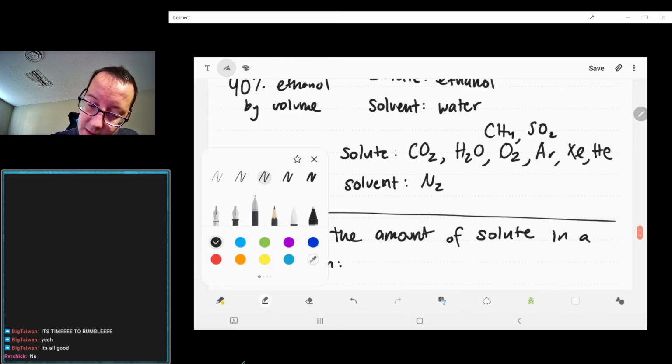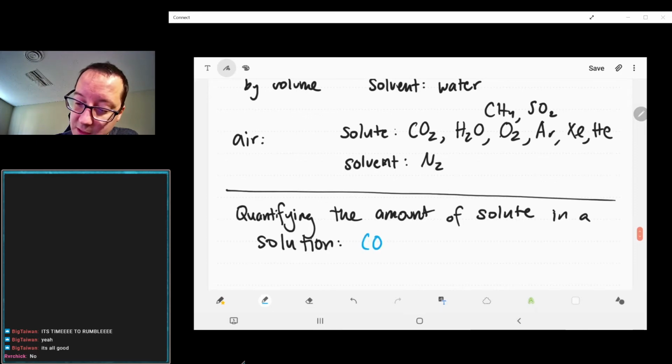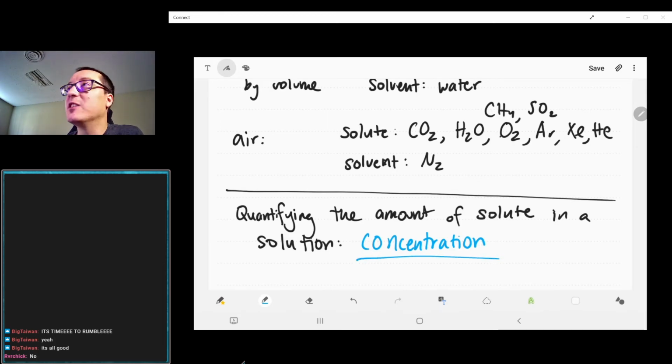We can kind of just condense this as one word, which is the concentration. So how concentrated your solution is a measure of how much solute is dissolved in it. And so we're going to see there's a couple of ways that we talk about this.